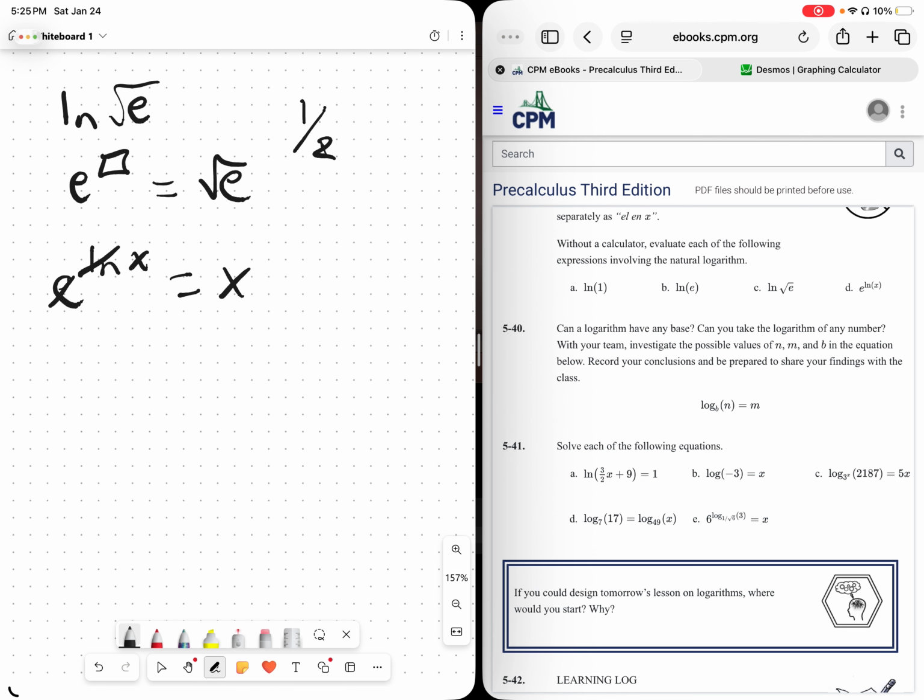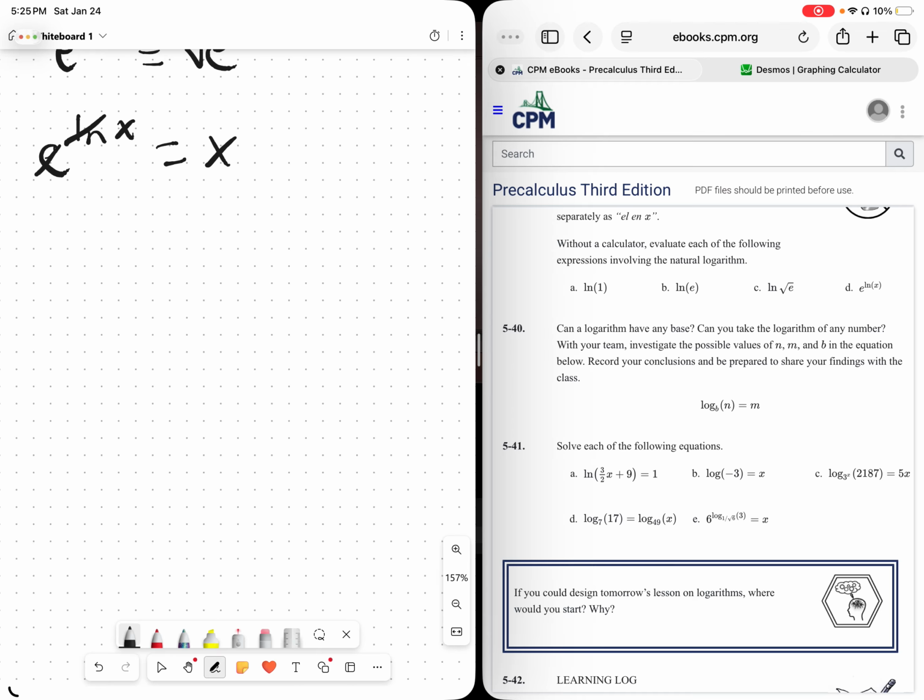Okay, and then the last few of these were solving equations, right? And so let's try to solve these a little bit. You're talking about the natural log of 3/2 x plus 9 equals 1. So again, the best way to solve these is going to be to take them to exponential.